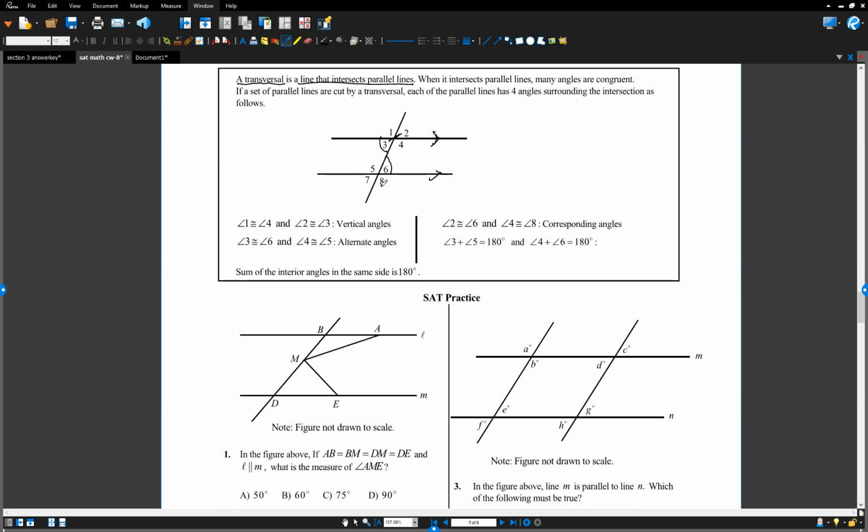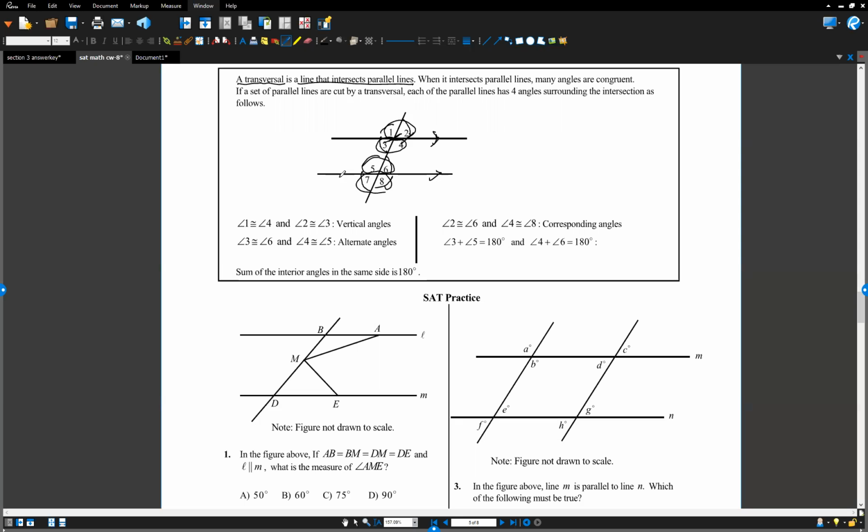And also angle 4 and angle 5 are alternate interior angles. Or you can add one more. Angle 2 and angle 7 are equal too because they are alternate exterior angles. Angle 1 and angle 8, alternate exterior. All of these are exterior angles. These 4 angles are interior angles.